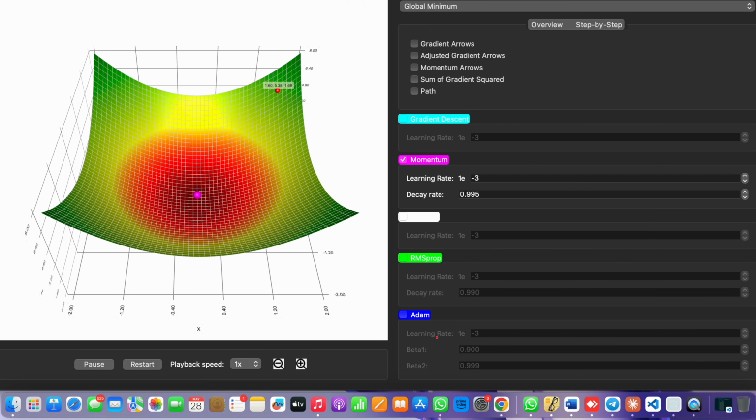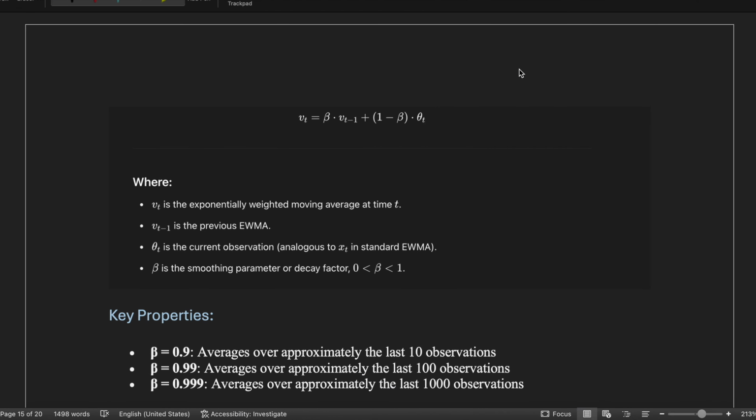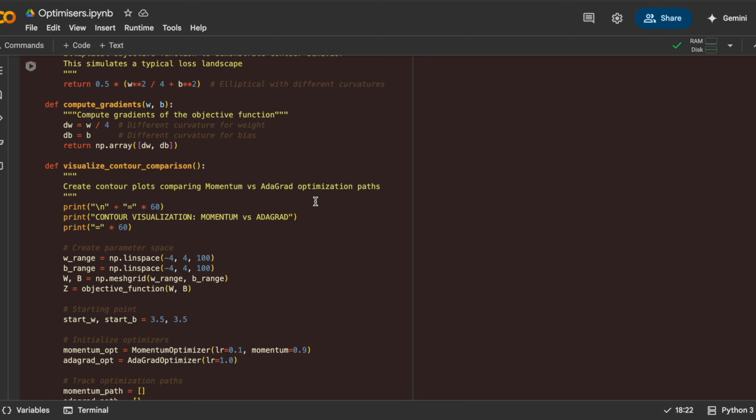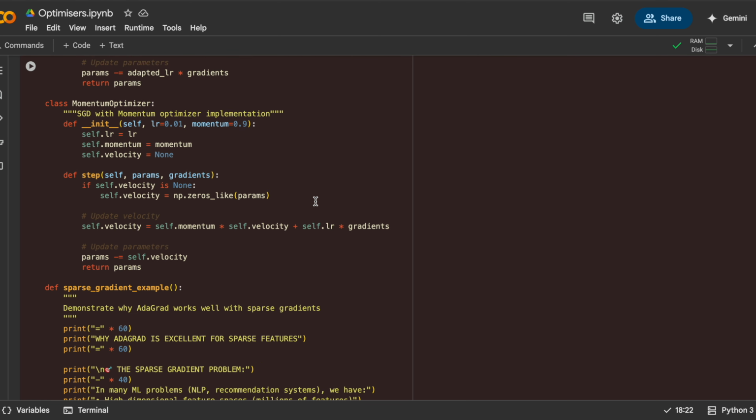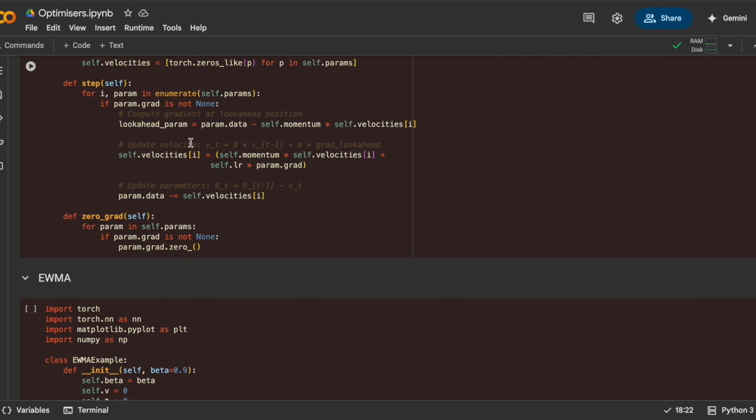I will also give you the GitHub repo of this visualizer tool, which you can download and run by yourself, and by running it you will understand the things needed for better understanding.